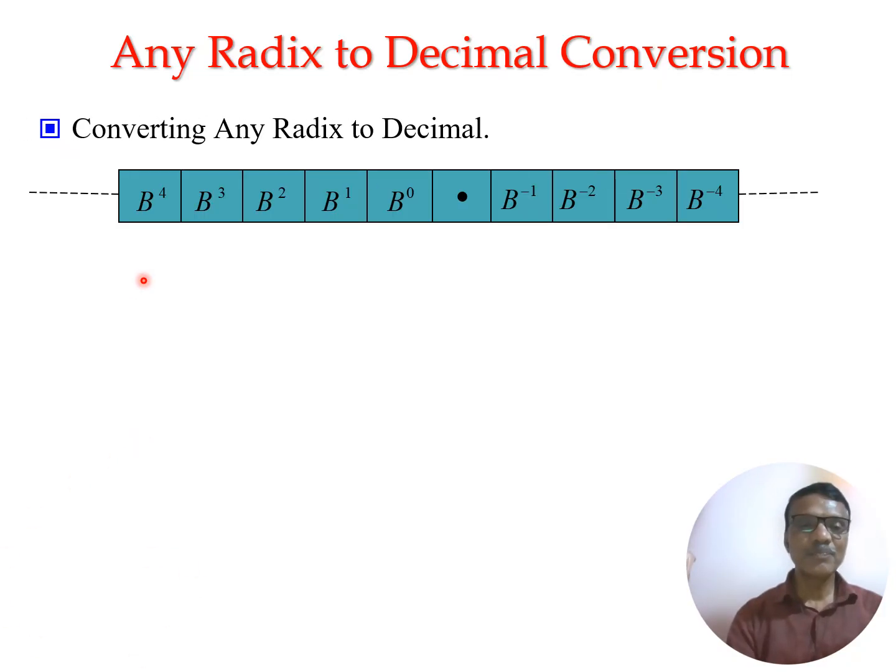We know the base value, that is, whichever base we are converting from, we have to use that base value. If you are doing binary to decimal, we need to use 2 power; for octal to decimal, 8 power; for hexadecimal to decimal, 16 power 0, 16 power 1, like that.